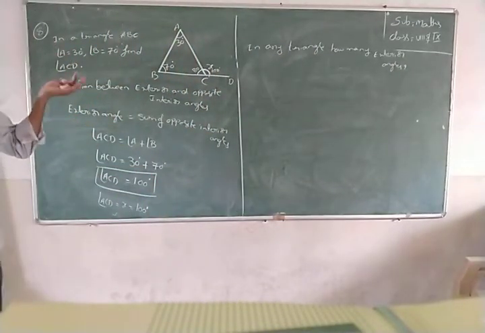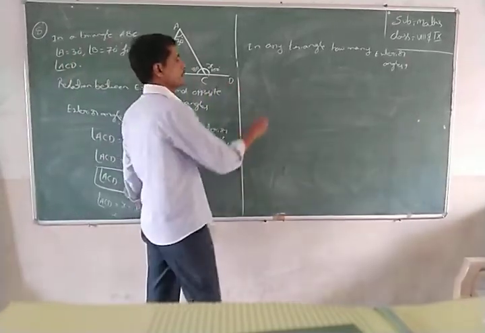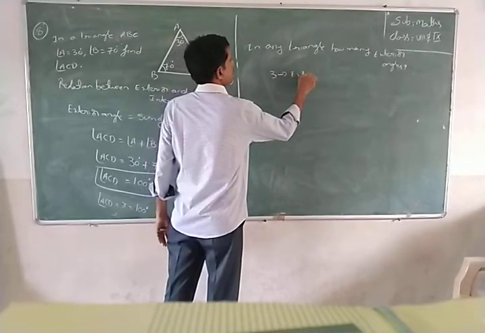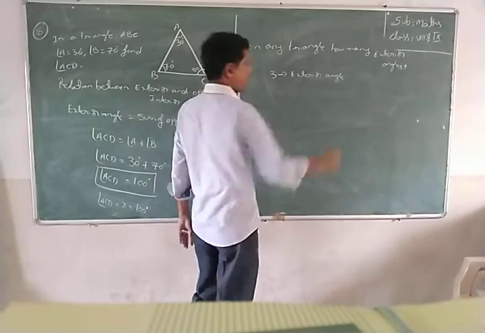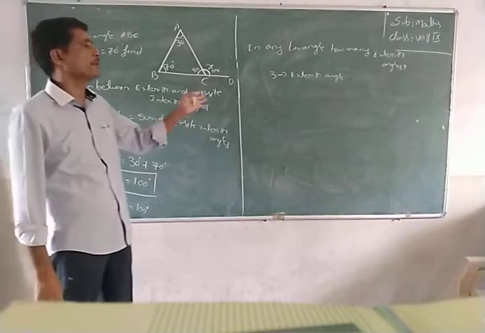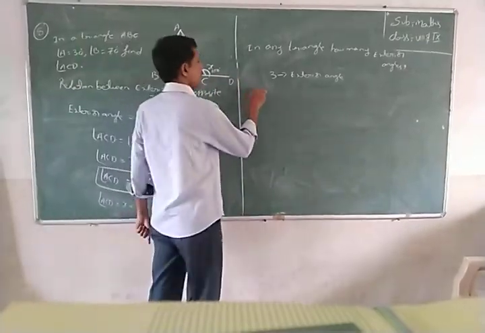That is 3 interior angles. Therefore exterior angles also how many? That is 3 exterior angles. Any triangle, whether obtuse angle triangle, acute angle triangle, or right angle triangle, whatever it may be, has 3 exterior angles.